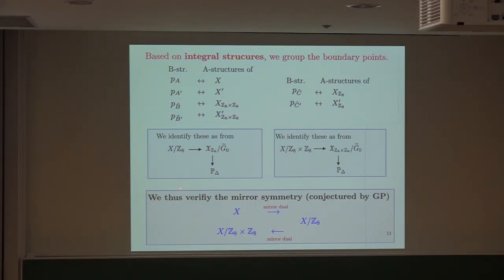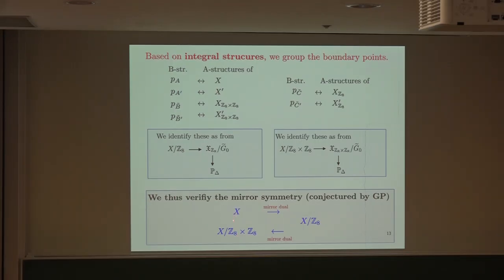My interpretation is this integral structure comes from this family of the X portion, and this integral structure comes from the family of this X plus X portion. Why? I don't explain it so strongly, so why it's natural, so fit into this one.